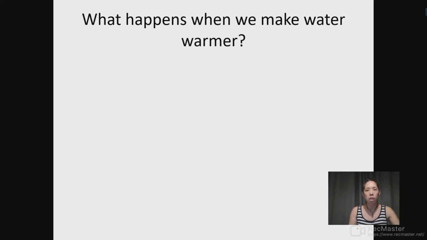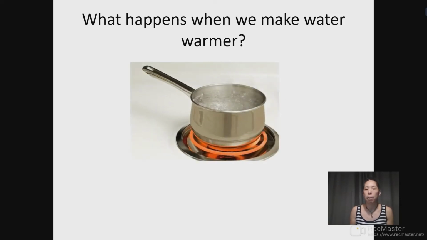What happens to water when we make it warmer and hotter? Just like this pot of water here, we're making this water hotter. If you see at the top here, the water is getting hotter and hotter, and it's starting to rise and turn into a gas.